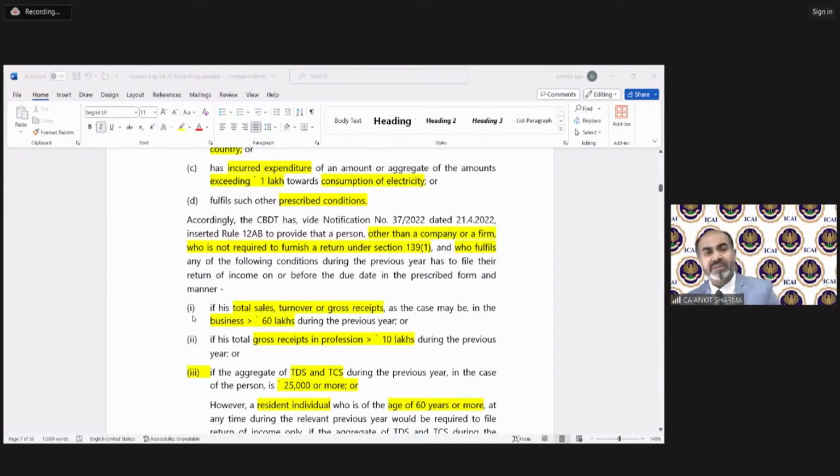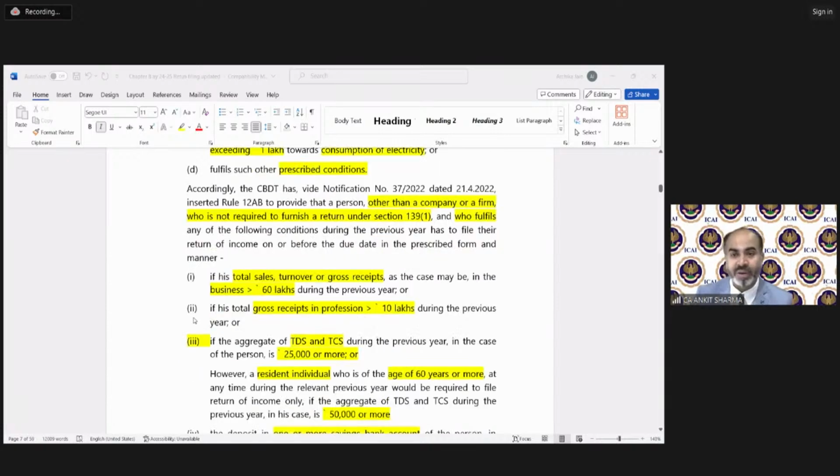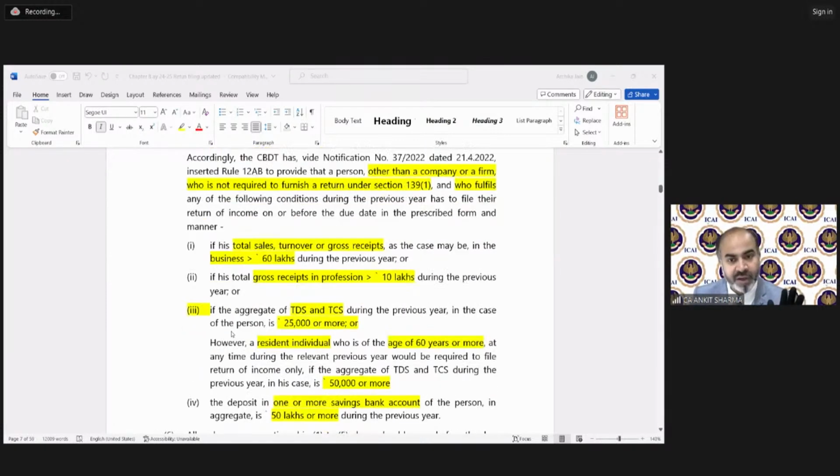If you are running a business and its total sales, turnover or gross receipts, as the case may be, in the business exceed 60 lakh in the previous year, you have to file an income tax return. If you are in a profession and your professional receipts exceed 10 lakh rupees, you have to file a return of income.